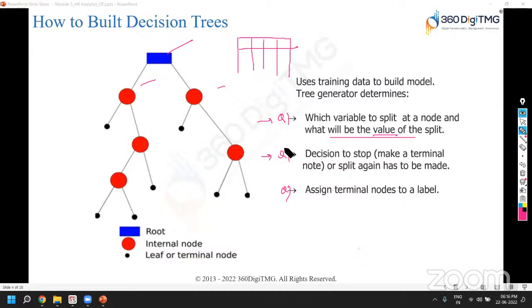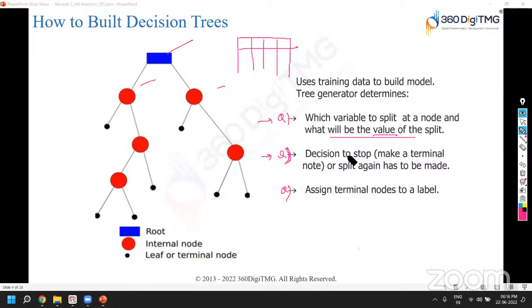Then the second question is, when do I stop it? Should I keep growing the tree until I have everything covered up, or can I stop it? When I say can I stop it, I'm saying can I take a decision with respect to the output variable, and I don't have to extend the tree branches to the last leaf individually.